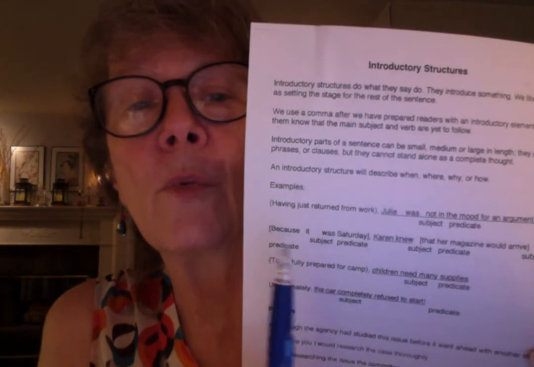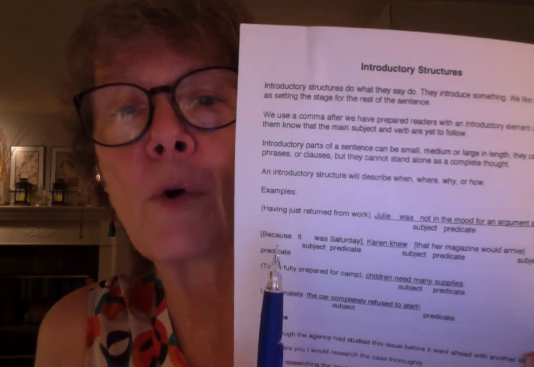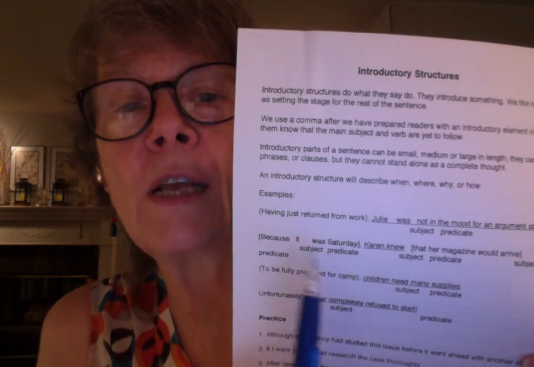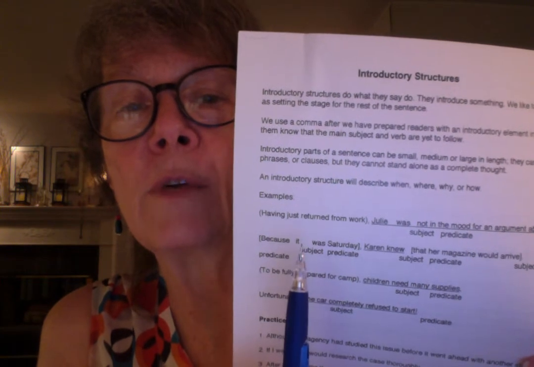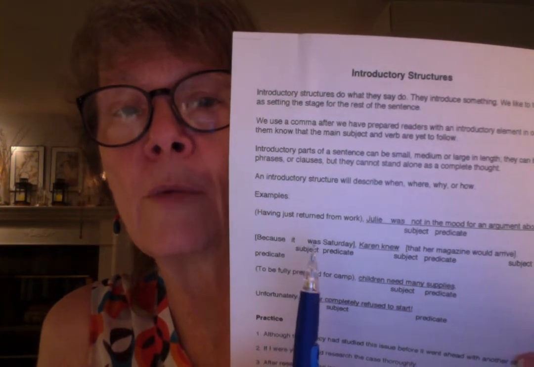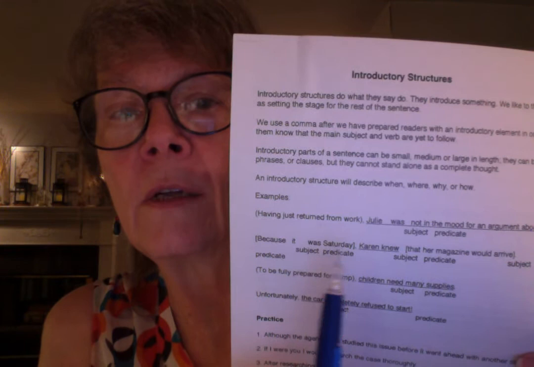But in front of those clauses, we've got another subordinate clause, because it was Saturday. Subject is it, the predicate is was. It's a group of words with a subject and a predicate, but it can't be a sentence by itself. So what do we know about that? That's a subordinate clause, right?